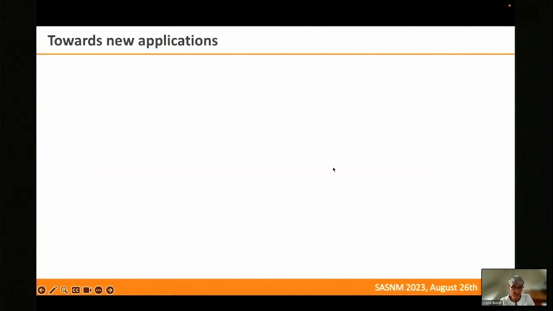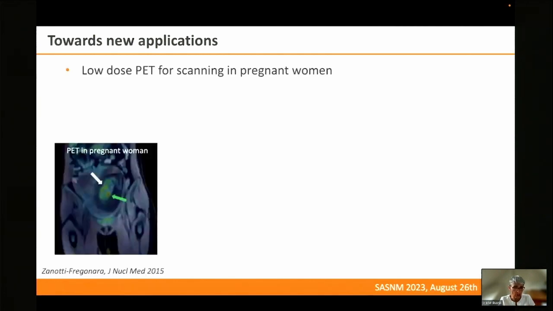And why are these applications so important? This is because beyond improving image quality, these developments can lead to new applications. For instance, low-dose imaging can enable PET scanning in pregnant women to see the functional activities in the fetus.